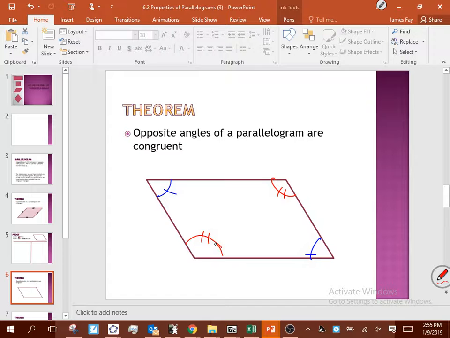Well, in this picture here, and in the last theorem as well, if that is parallel to that, and that is parallel to that, you have a bunch of parallel lines. So we can start talking about our alternate interior, alternate exterior, same side interior angle proofs. If I draw that diagonal, what did I just create in my parallelogram?